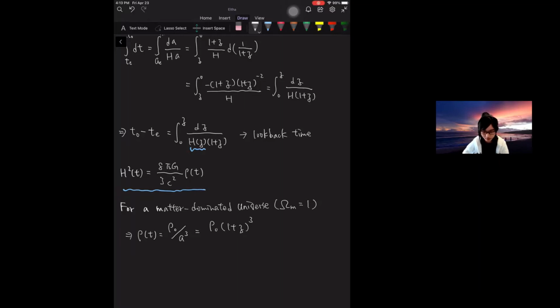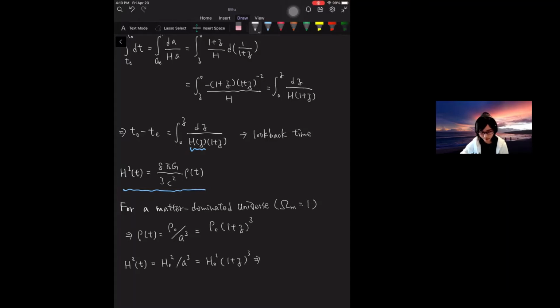So that means we can rewrite the Hubble parameter for a matter-dominated universe: H squared of t equals H0 squared over a cubed, which is H0 squared times (1 plus z) cubed.